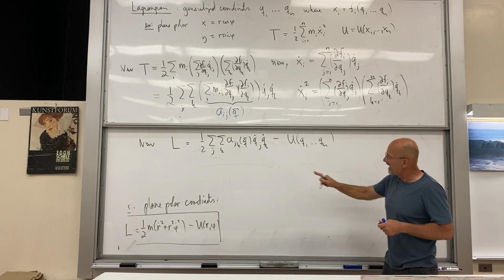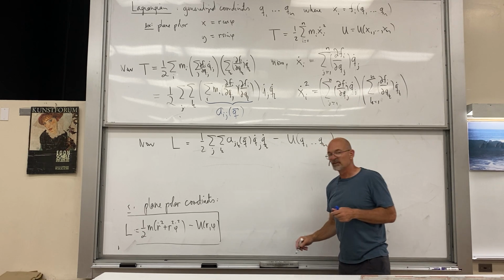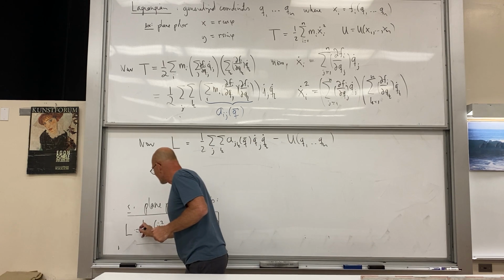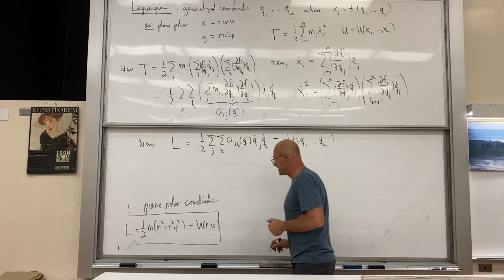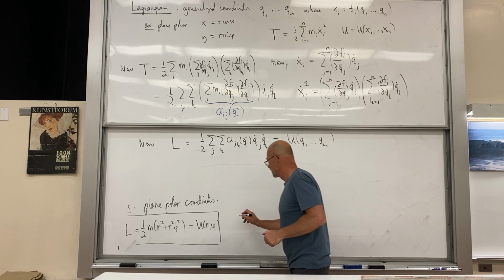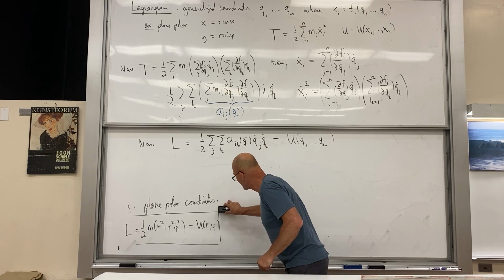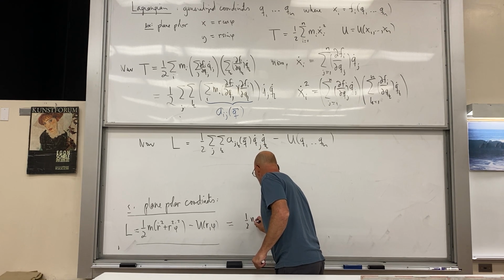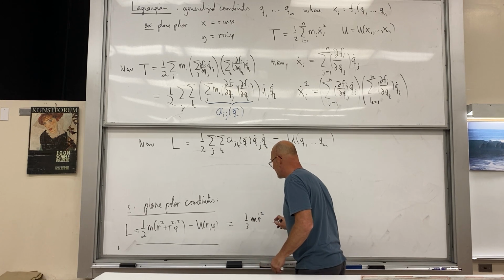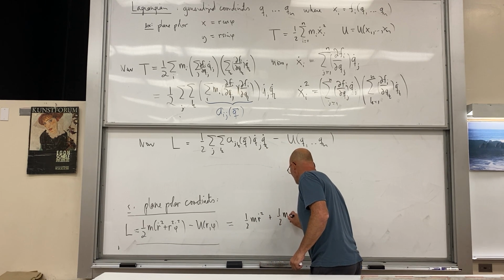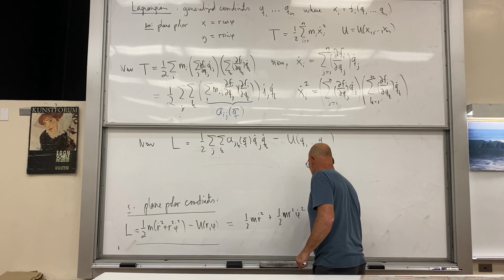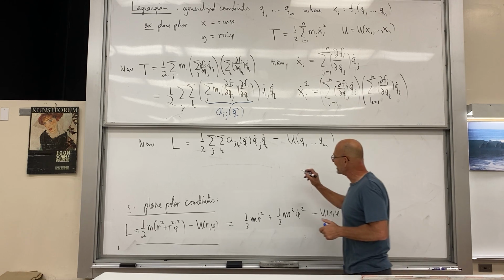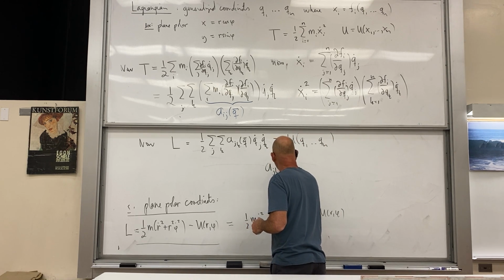So this A_jk of q often causes people a little concern, but if we take this example here, we can see it's no big deal at all. So I'm going to write this one out. I'll just continue this. It's 1/2 m r dot squared plus 1/2 m r squared phi dot squared minus U of r and phi. So what is this A_ij, or A sub jk of q?